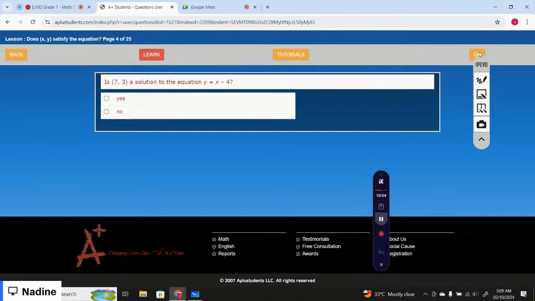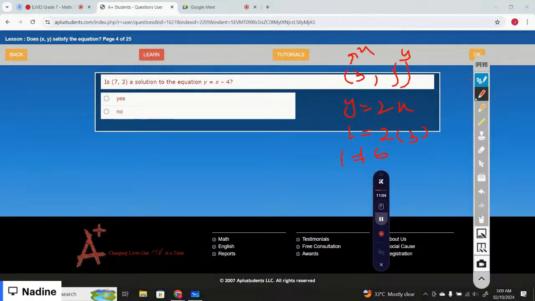Let's just put in the values, right? x is 7, y is 3, right?